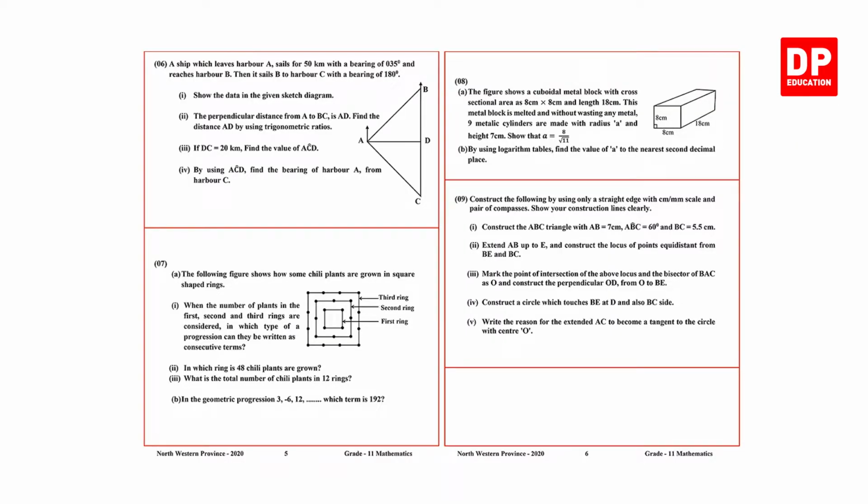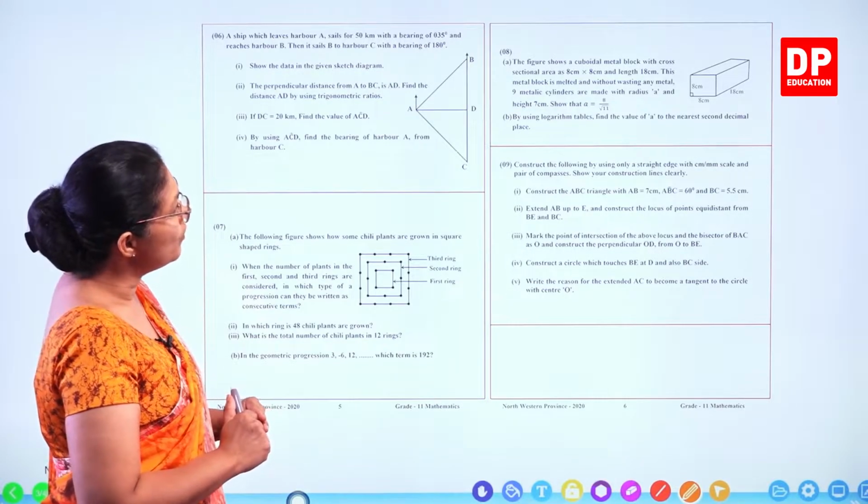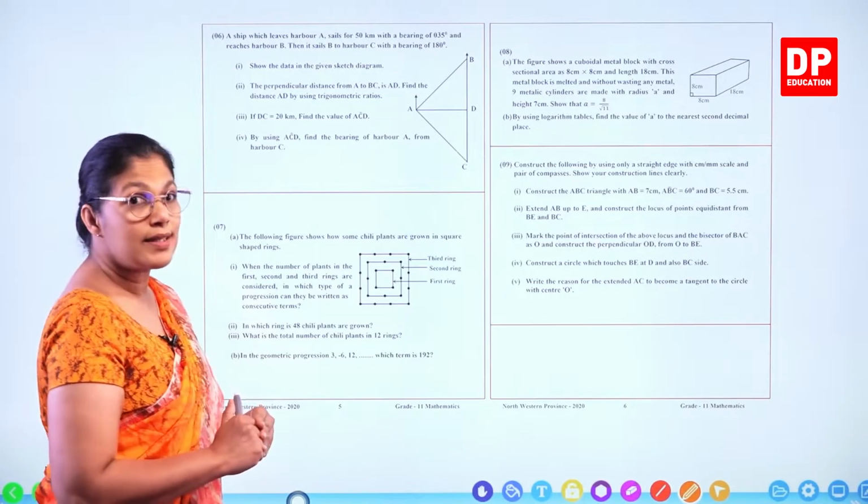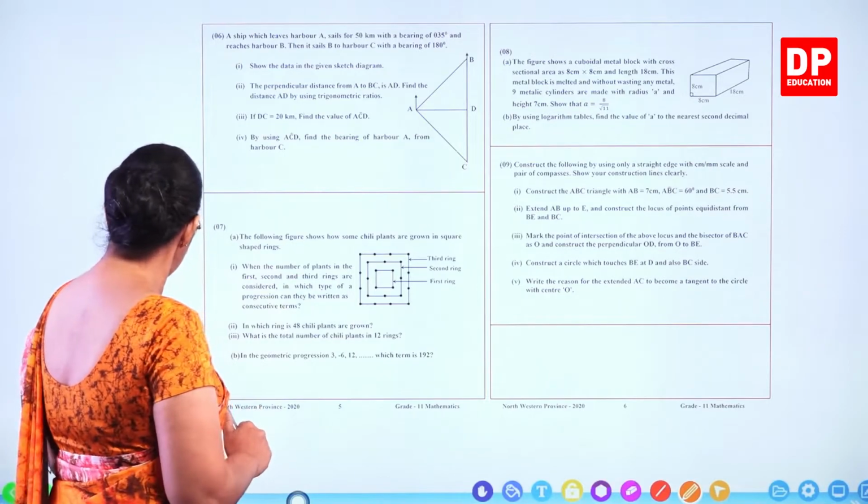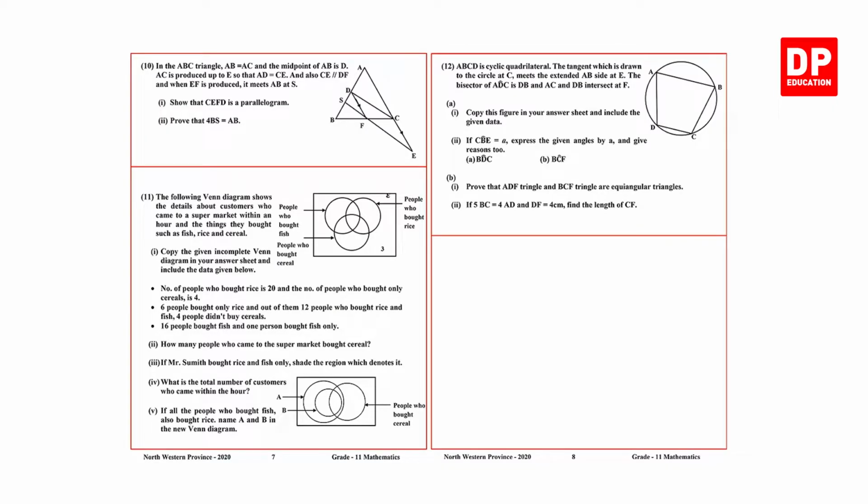Question number 6, trigonometry. Then part B: question number 7 is a progression question. The 8th one is a volume question. 9th one, construction. And then a proof question in question number 10. 11th one, set question. And 12th, again, a proof question.